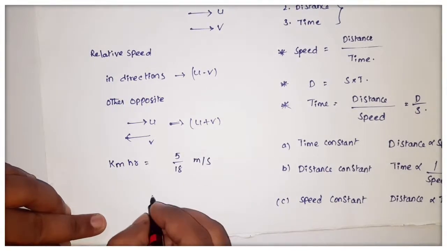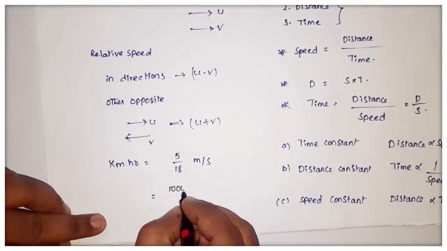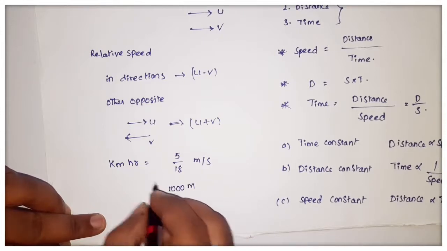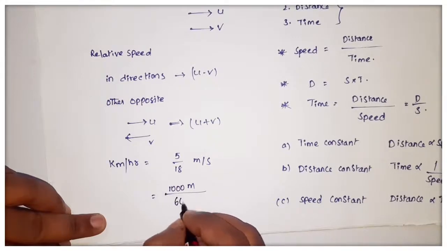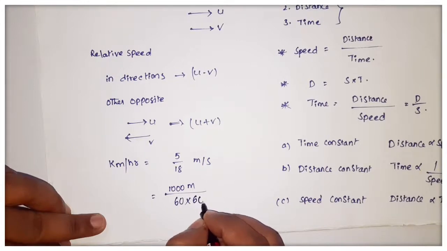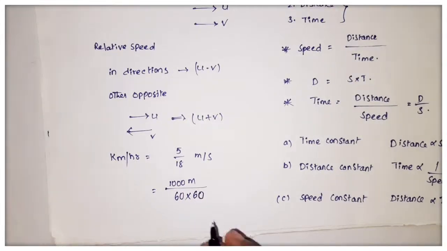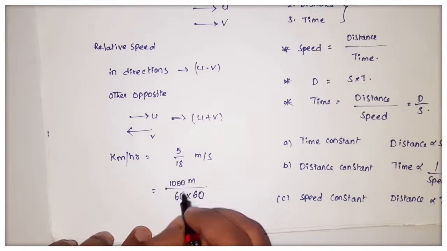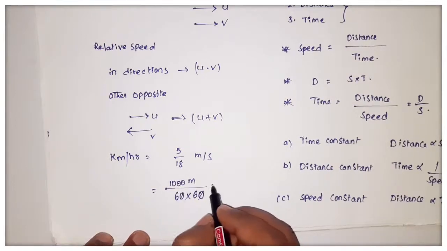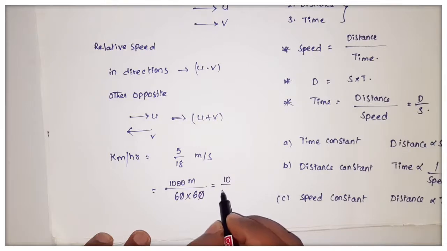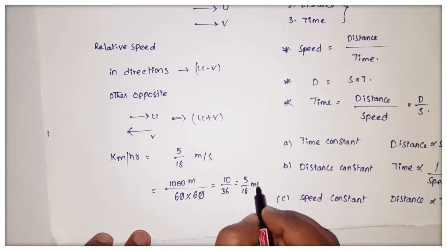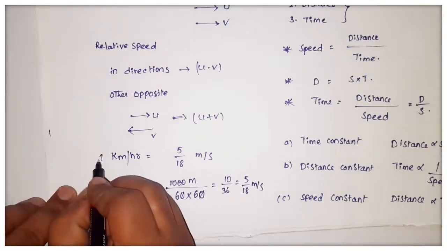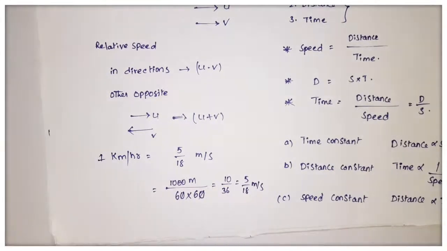How did we get this? A kilometer is nothing but 1000 meters, and an hour is nothing but 60 minutes into 60 seconds. So we get 10 by 36, which is equal to 5 by 18 meter per second. 1 kilometer per hour is equal to 5 by 18 meter per second.